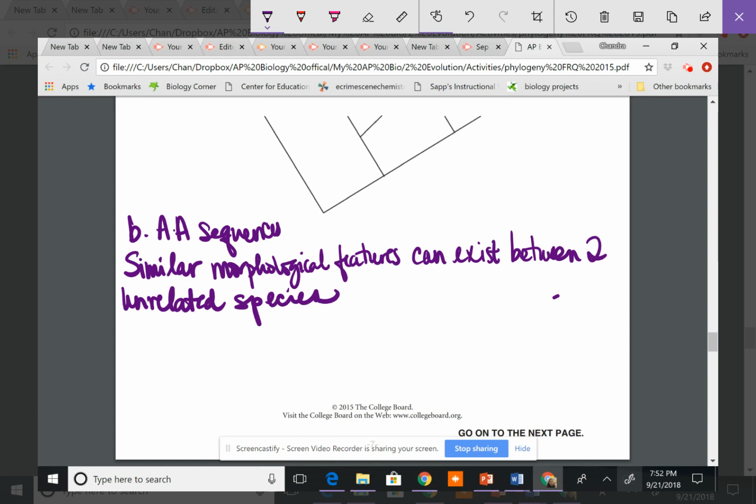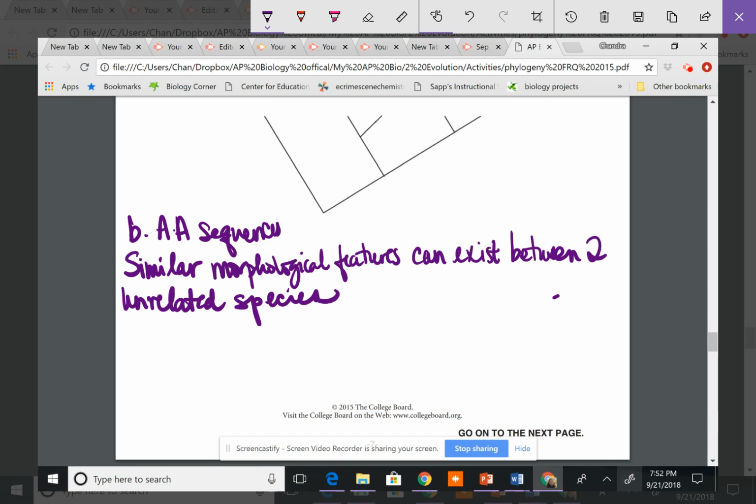So you could talk about dolphins and fish because they have a similar body shape and body dimension. They both have fins slash flippers, that kind of thing. You could talk about bats and birds. Both evolved for flight, but they don't actually utilize them in the same way, and they're not super closely related. Okay, so that would be an example of how morphological features would support that amino acid sequences are more accurate.